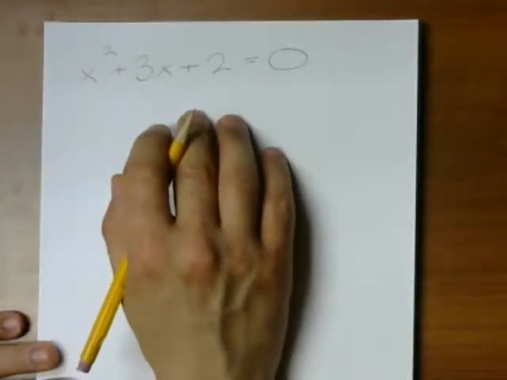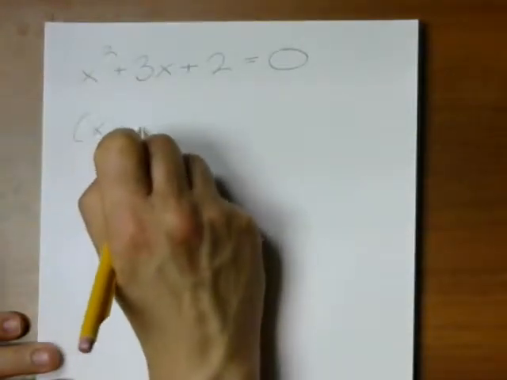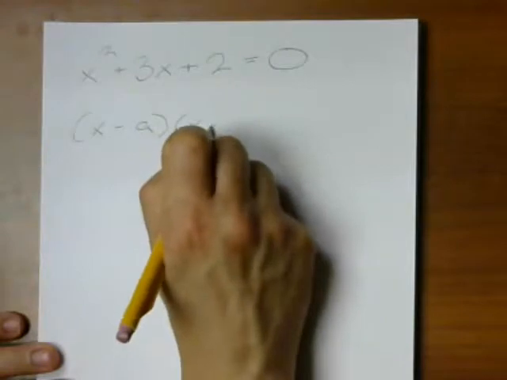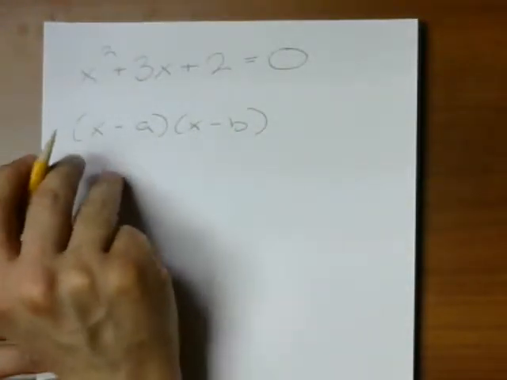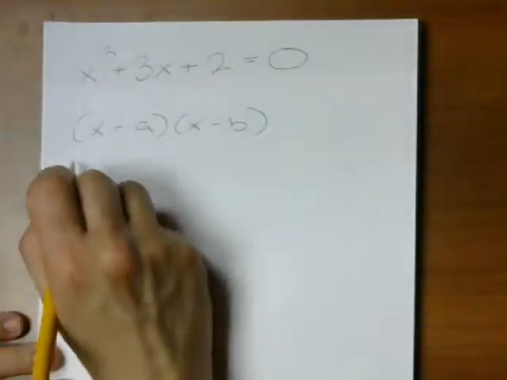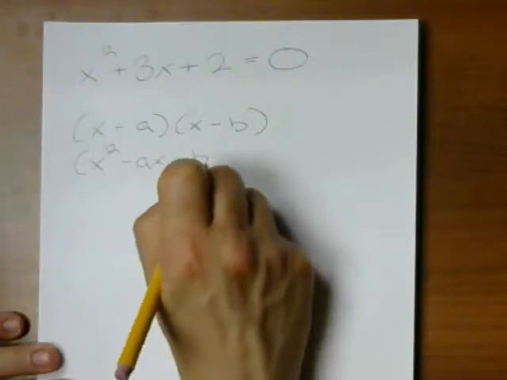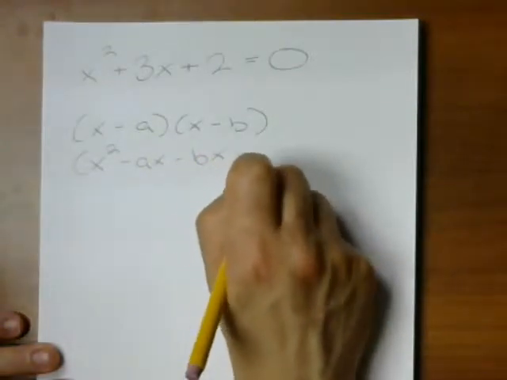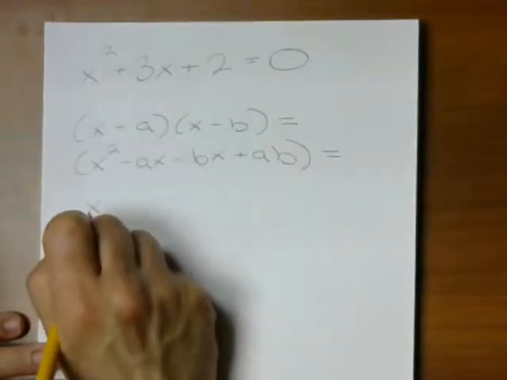So, I know that if I multiply something like this times something like this, what I'd get is this.